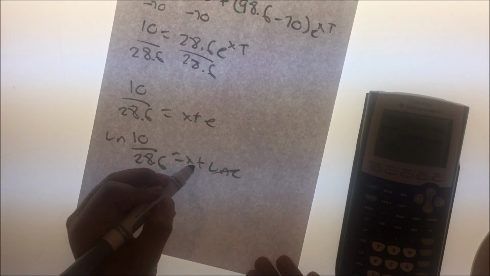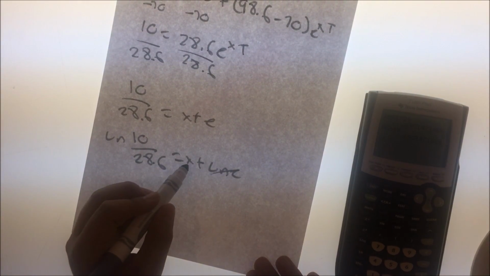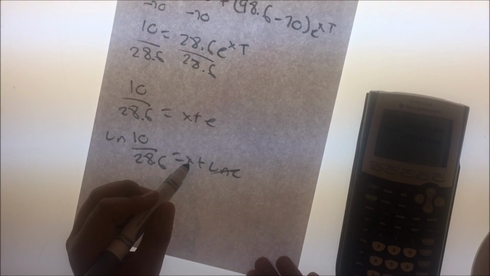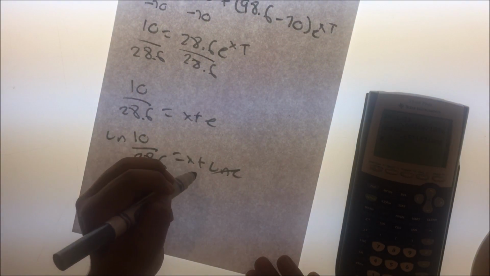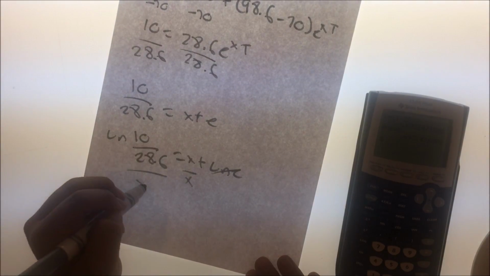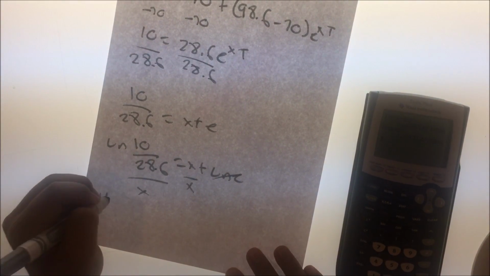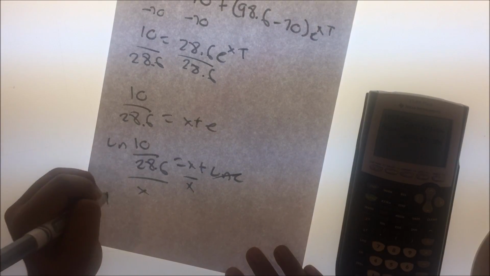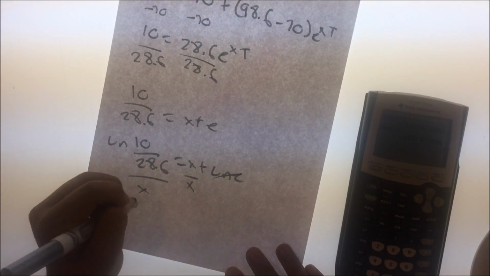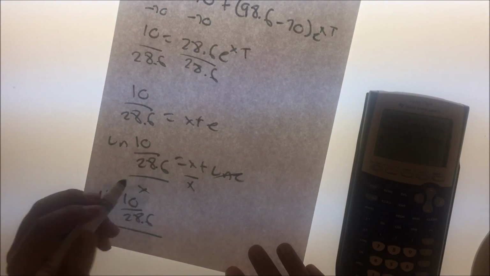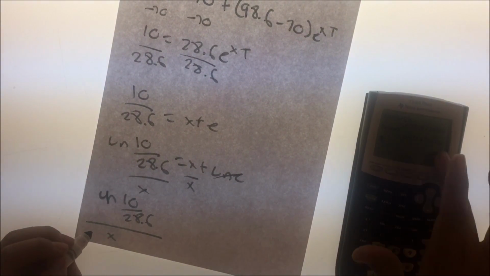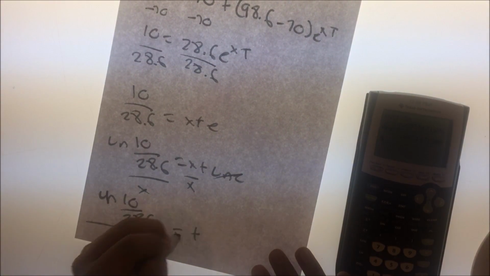So now we have to get rid of the t, so our x being 0.69314711806, we just divide it out. So now we would just solve for ln 10 over 28.6 all divided by x, which is our stored variable, equals t.